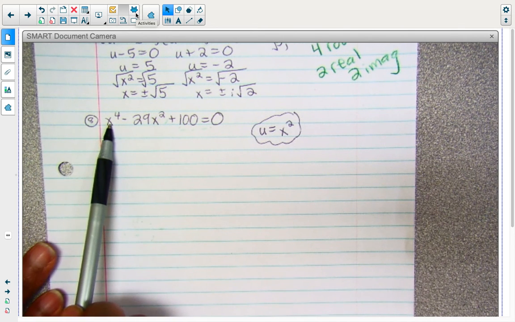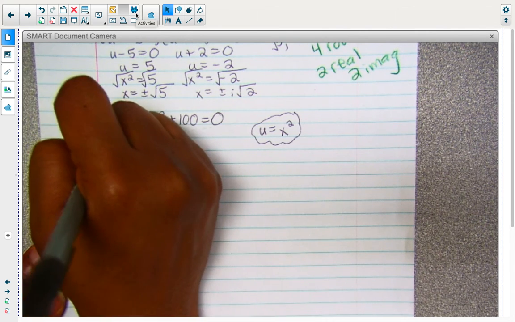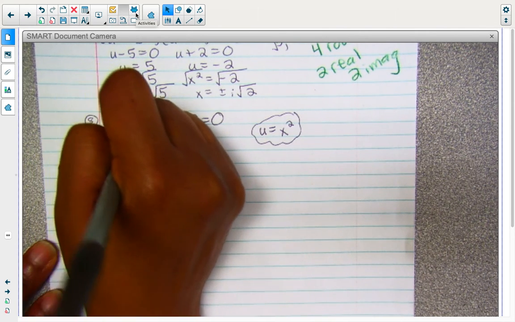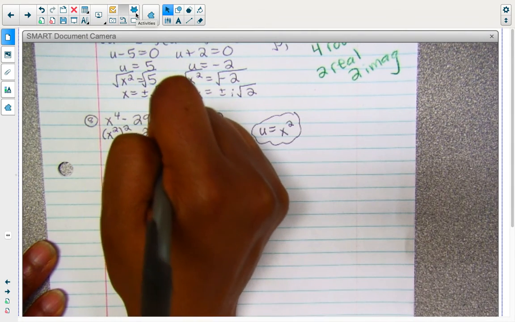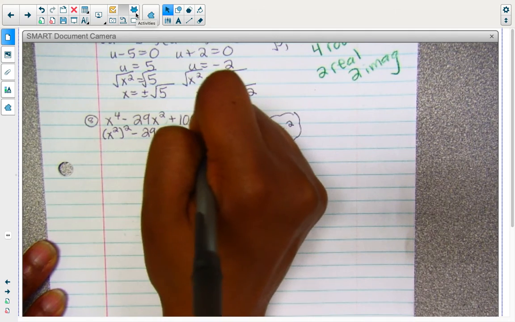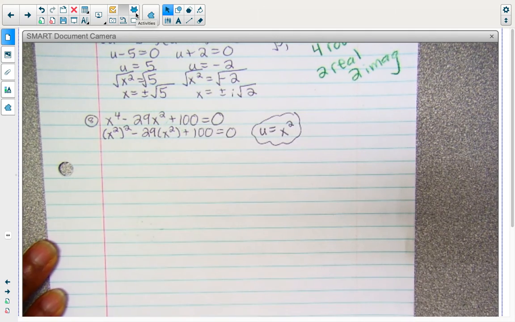Now, this is x to the 4th, which means it's x squared squared. This is going to stay where it is, and the 100 is definitely going to stay where it is.